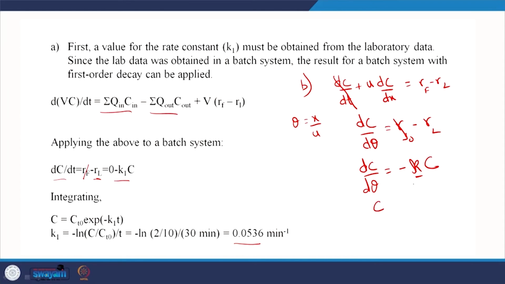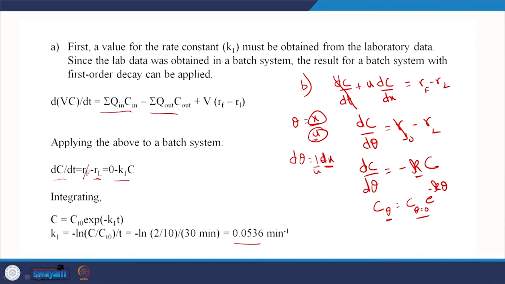C at theta is equal to C when theta is equal to 0 into e power minus k theta. Again keep in mind it is not changing with time, but C is changing with distance, because theta is equal to x by u, x is the variable, u is the constant here. So, when we say dC by d theta, it means d theta is equal to 1 by u dx.